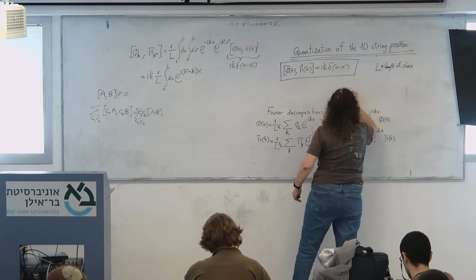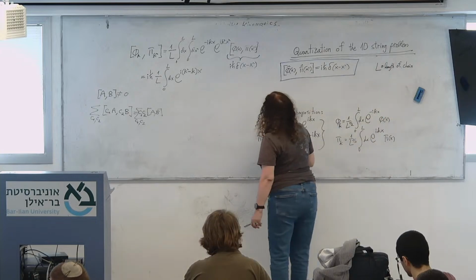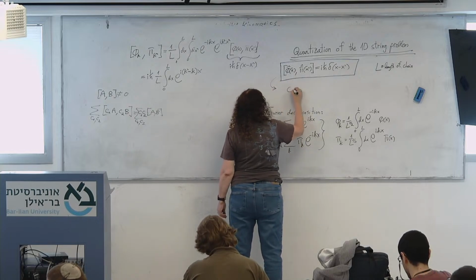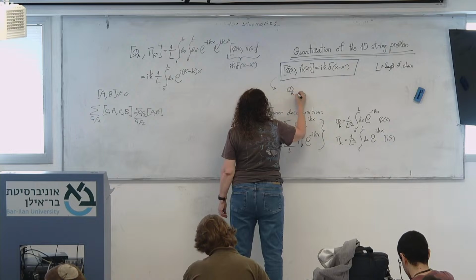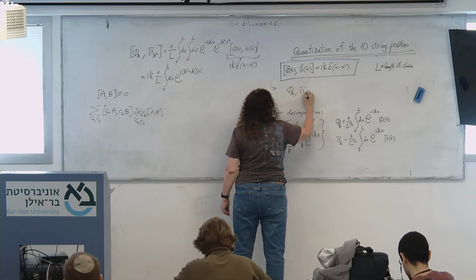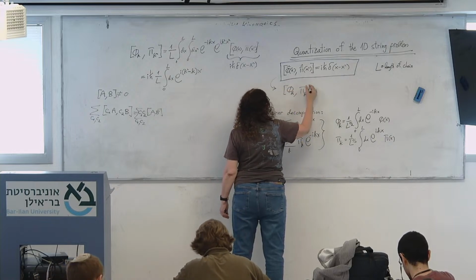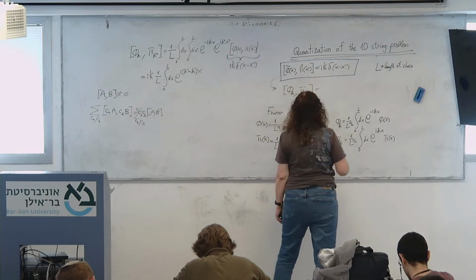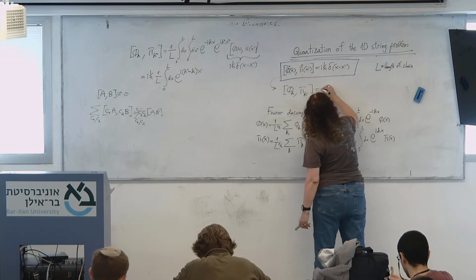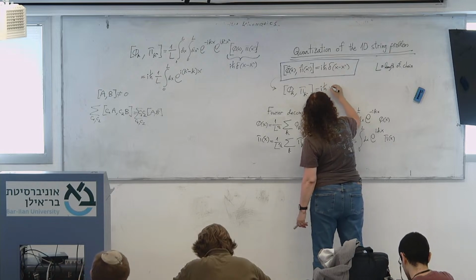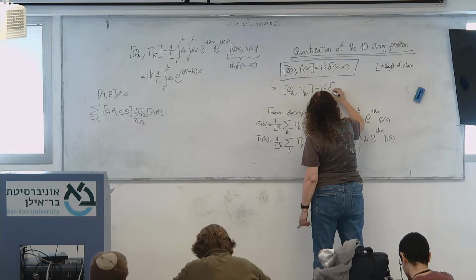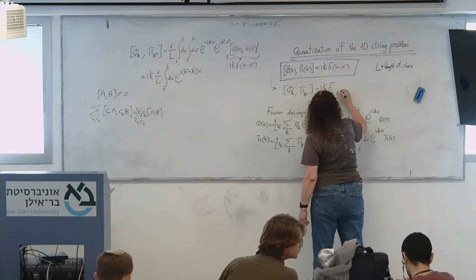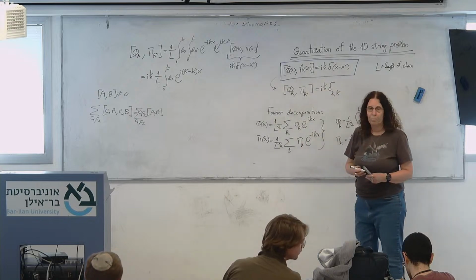So what we get here is that the commutator of phi k and pi k prime is going to be iħ times delta of k and k prime. Okay?